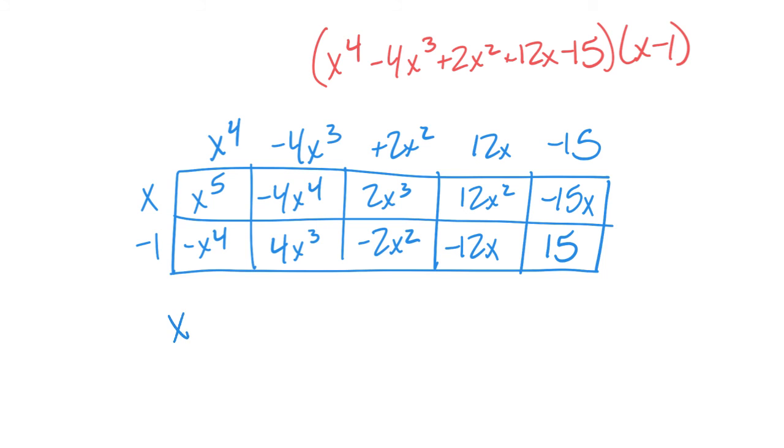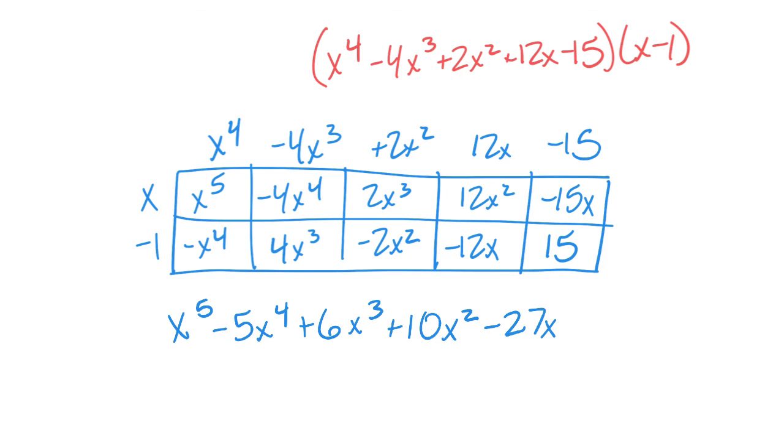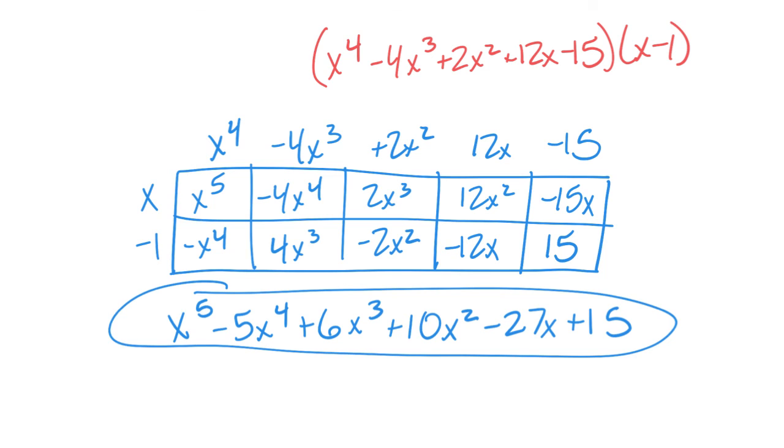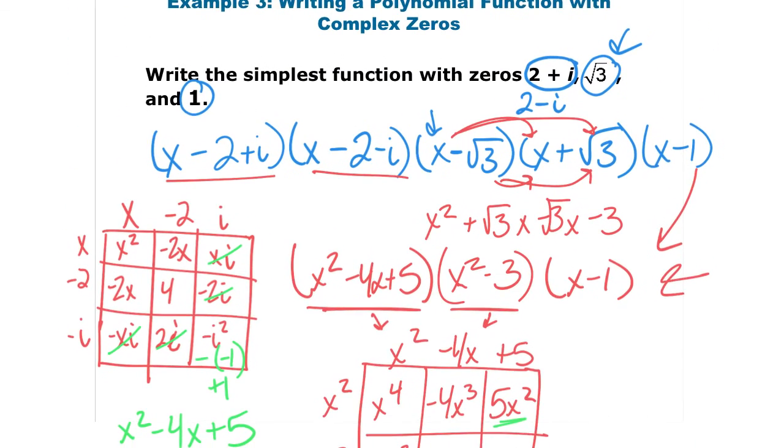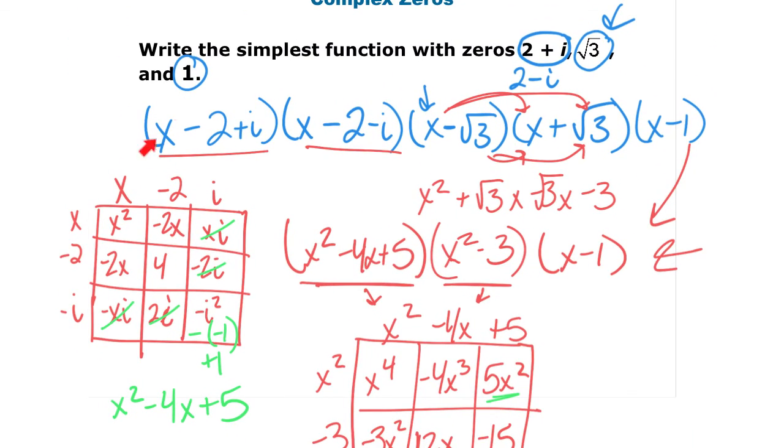And when I put everything together, including my like terms, I would end up with x to the 5th minus 5x to the 4th plus 6x to the 3rd plus 10x squared minus 27x plus 15. Whew! There it is, the whole thing. And notice that we have a degree of 5 here, which makes sense because if we go way back to the beginning, we had exactly 5 zeros written out in our factors.